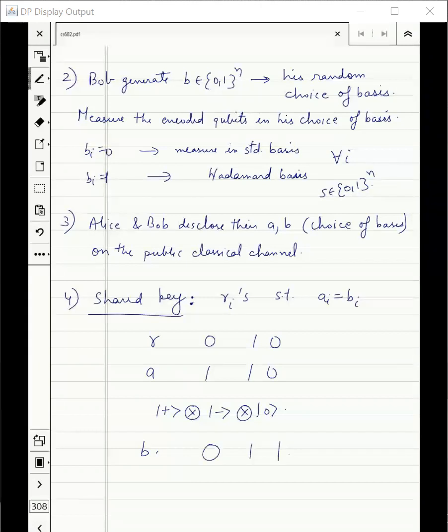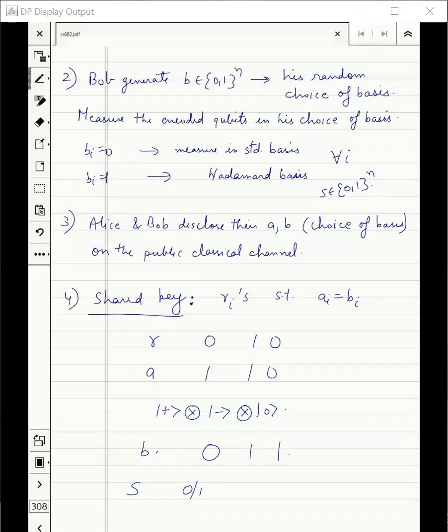Now, Bob measures the first bit in the standard basis. That means, what will be the first value of S? What will be S1? It could be 1 or 0 with equal probability, right? 0/1 means 0 or 1 with equal probability. Now, Bob measures minus in the Hadamard basis. What will be the output?